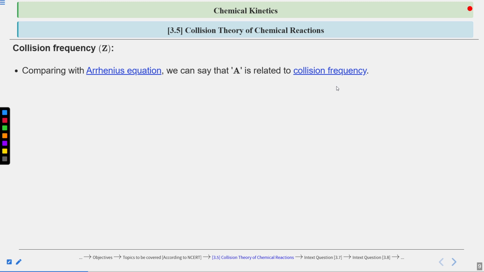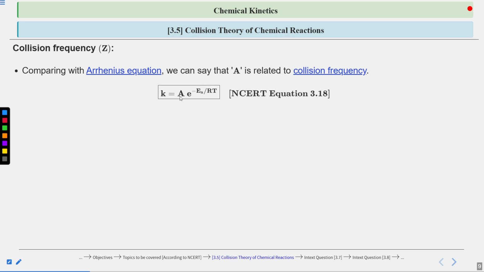If you remember the Arrhenius equation, K equals A e to the power minus EA by RT, so both equations are similar. The A in the Arrhenius equation is related to the collision frequency, represented by ZAB in our previous equation.